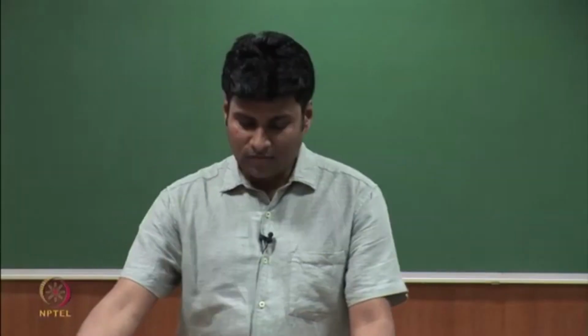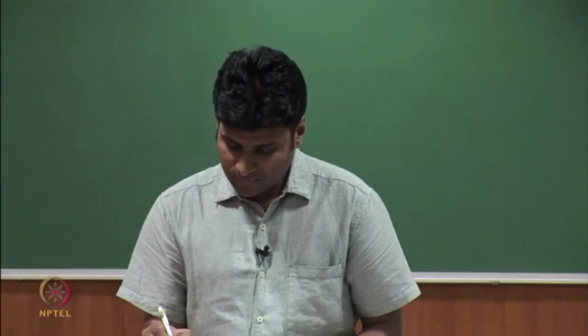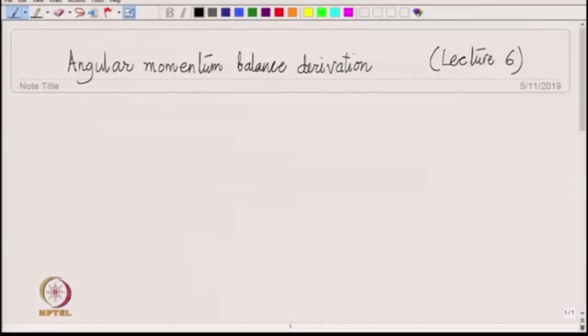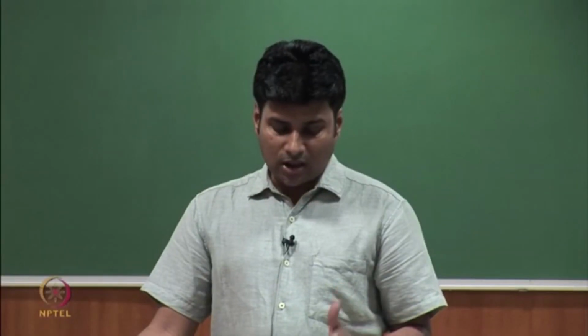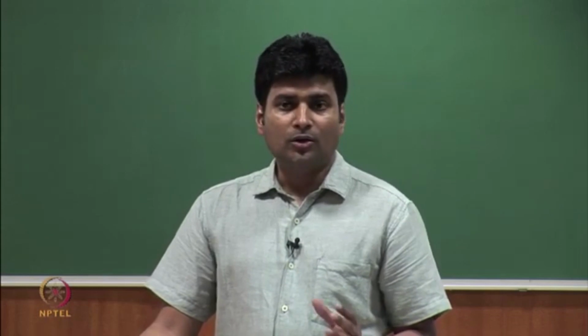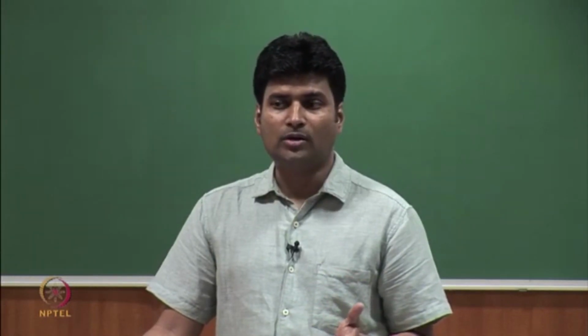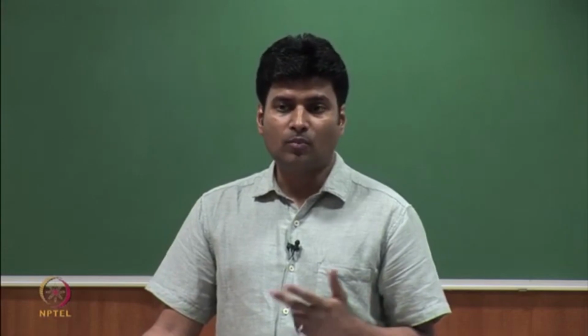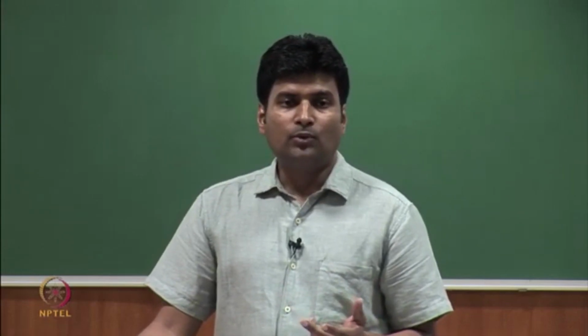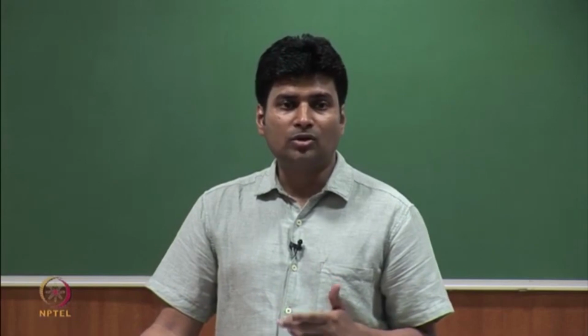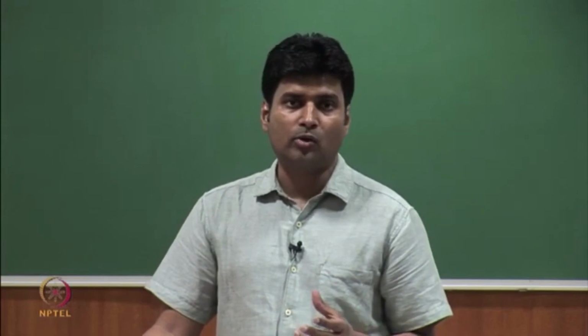Welcome everyone to lecture 6, and as I said, we are going to continue with the angular momentum balance derivation. We had already derived the contribution to torque due to tractions on the 6 faces of the cuboid and due to the body force, and we have to equate it to the rate of change of angular momentum of the cuboid.